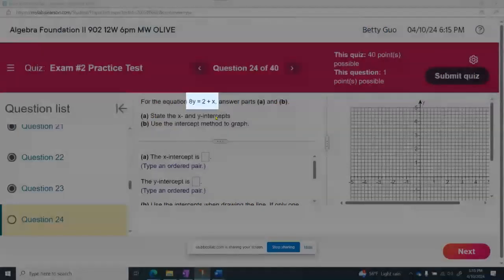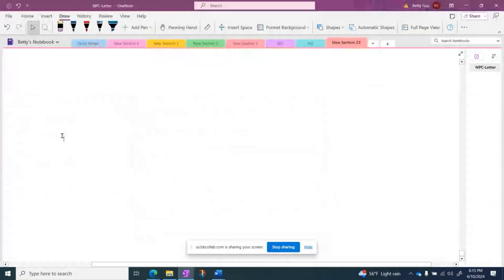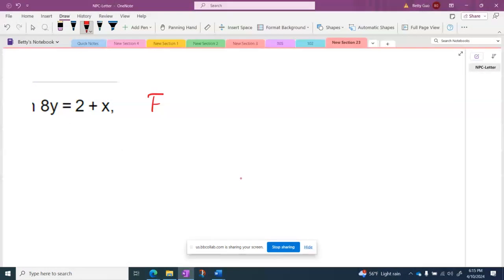This is the equation. To find the x-intercept, make y be 0.